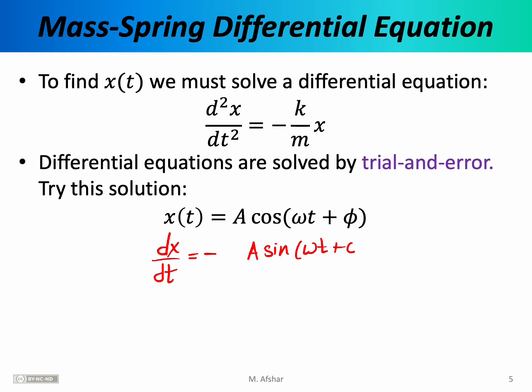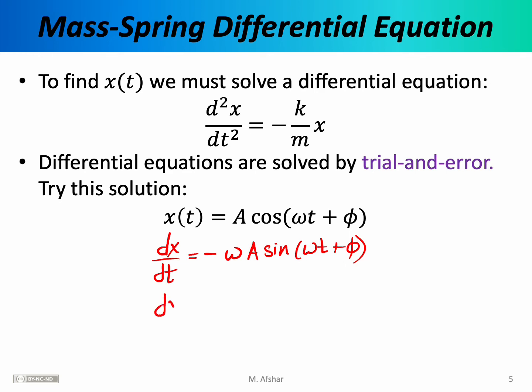But remember that when you take the derivative of a cosine, you'll get minus sine, but you also have to take the derivative of the argument, everything inside the parentheses. The derivative of the argument is simply omega. We don't know what omega is. It's some undetermined constant. Eventually we'll figure out what it is, but I better write the omega out here.